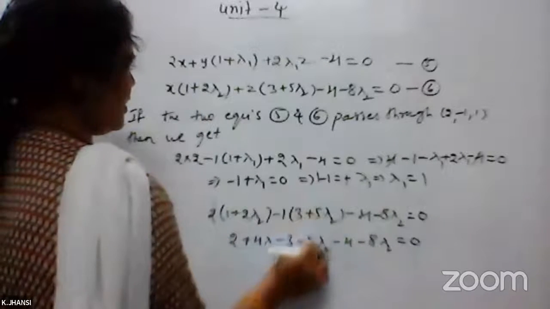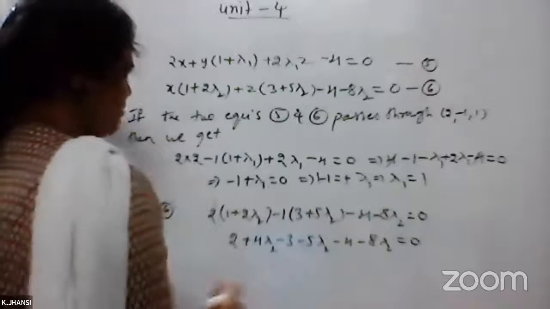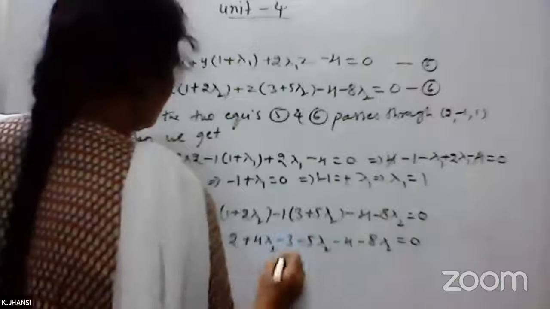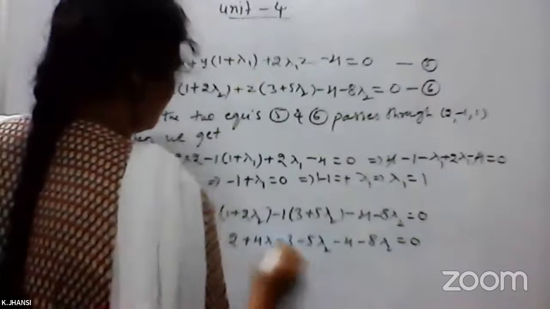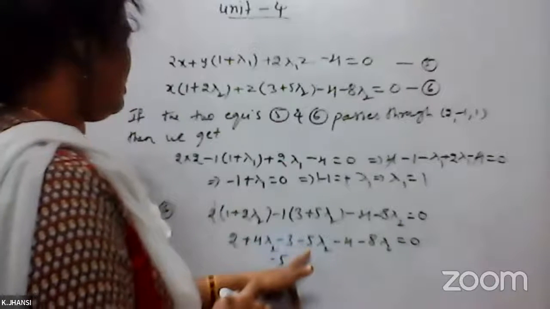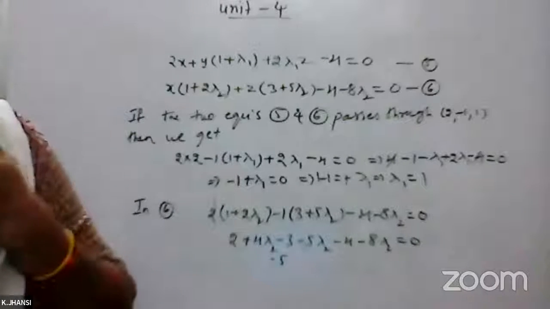Minus 3 minus 5 lambda 2 minus 4 minus 8 lambda. So minus 3 minus 4 means minus 5 you are getting. And here 4 lambda 2 minus 5 lambda 2 means you will get, okay, something somewhere.